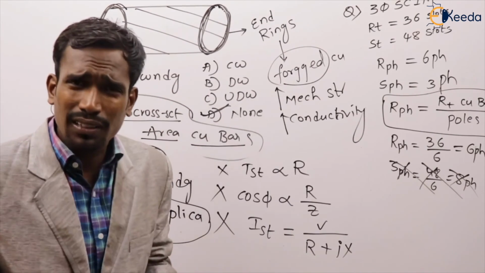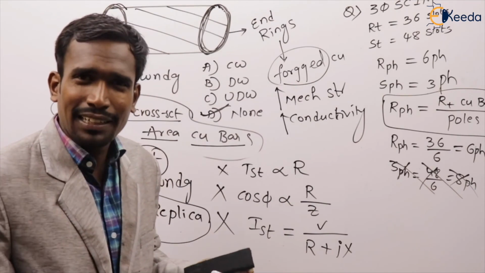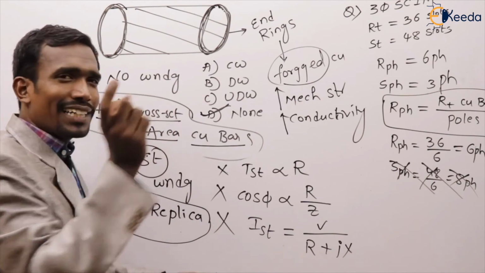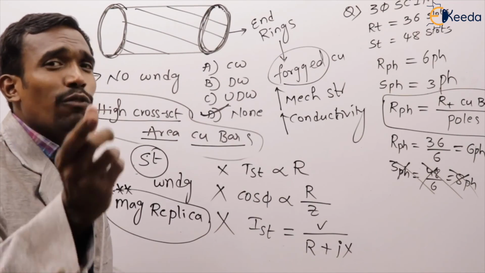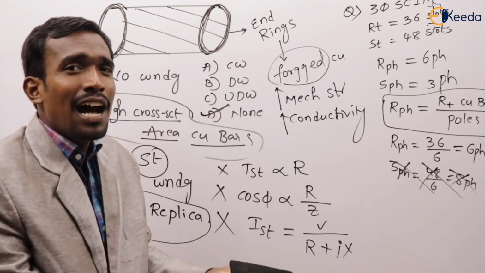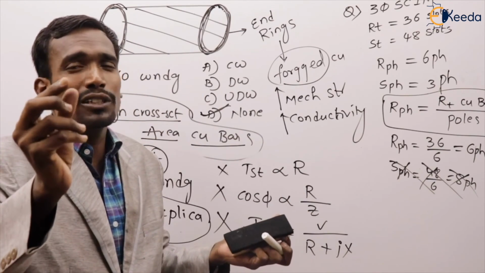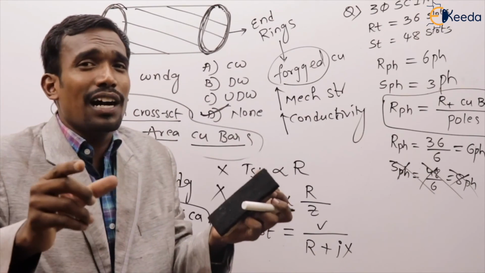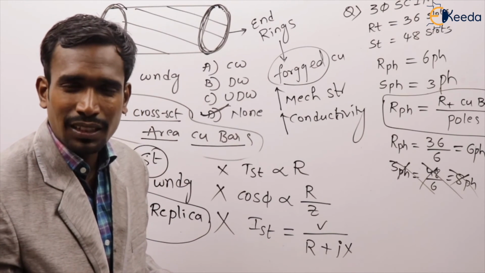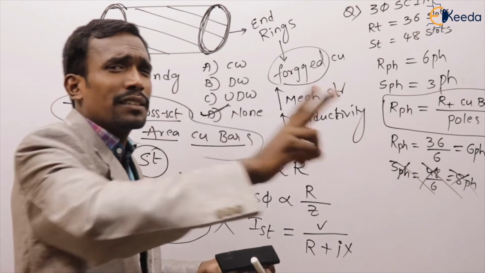Hence, the poles are equal. If you control the speed by the pole changing method, we are going to change only the poles on the stator, nothing but the winding of the stator. Just by changing the stator winding, the poles automatically change in the rotor, because however the poles are in the stator, their magnetic image will be developed in the rotor. If you have 2 poles in the stator, the same magnetic replica will be represented in the rotor.